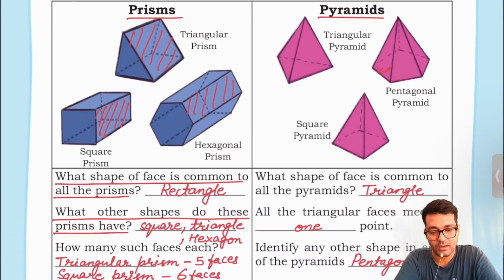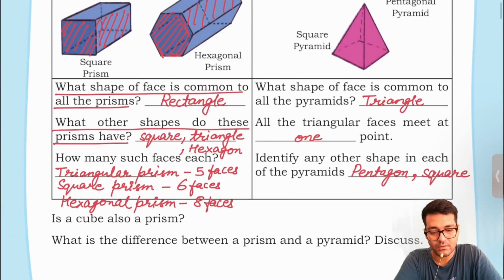In a triangular prism, you can see a triangle. In a square prism, you can see a square. And in a hexagonal prism, you can see a hexagon. The answer is square, triangle, hexagon.